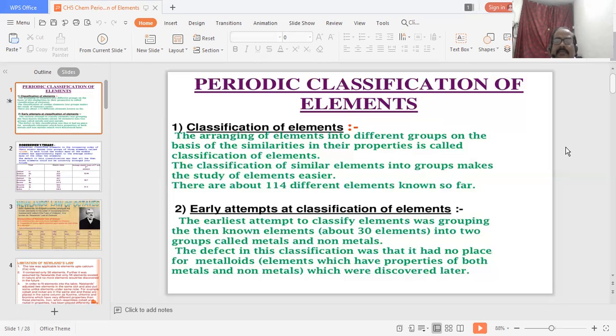So why do we classify the elements? The first thing, why do we arrange all types of elements in the periodic table? The main reason is that we know the properties of the elements. So according to their properties, they are arranged in groups, blocks or periods.